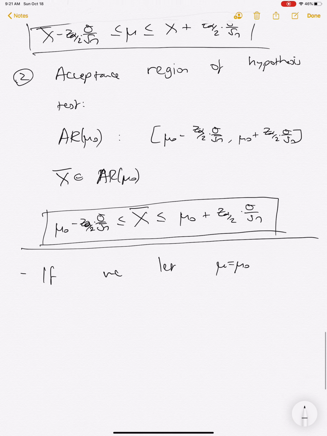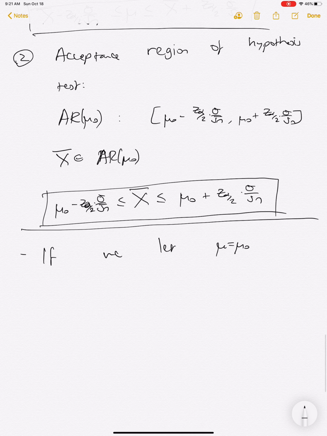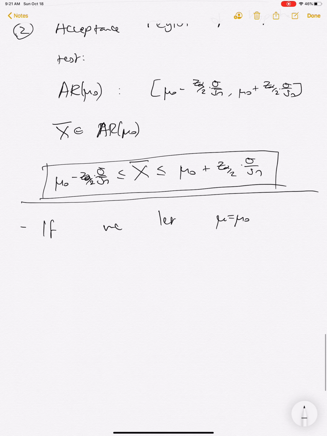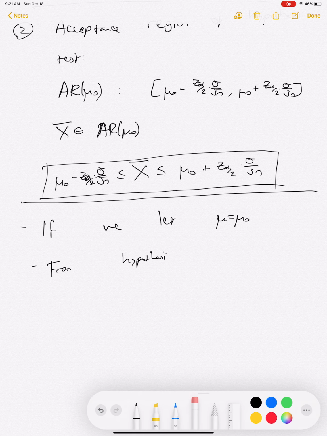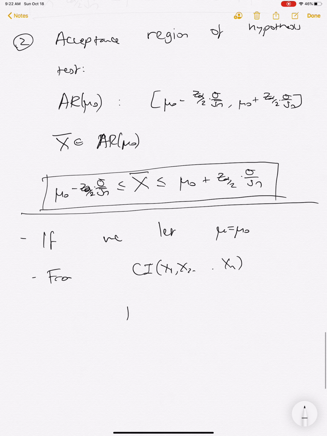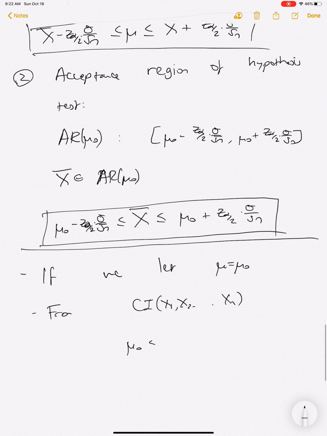If we let mu equal mu0, then from the confidence interval we have that mu0 is less than or equal to X bar plus z alpha over 2.